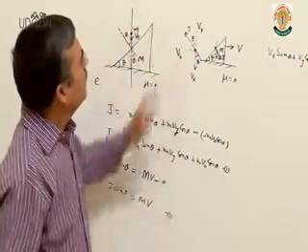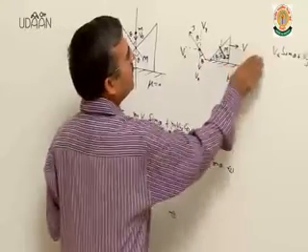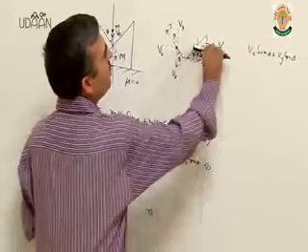The wedge is moving this side with horizontal velocity.